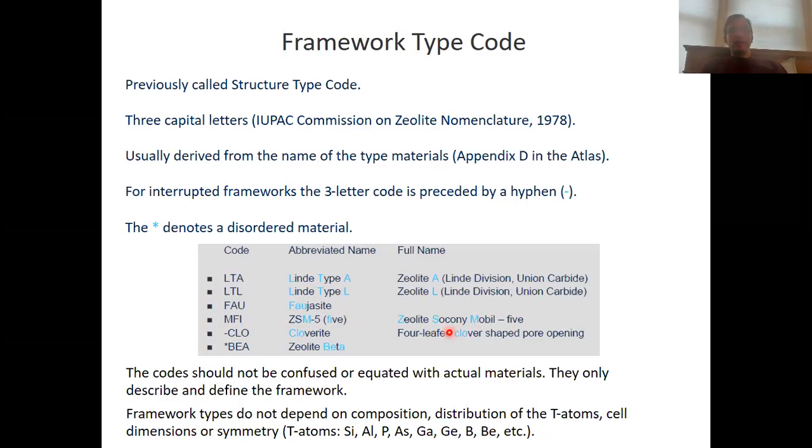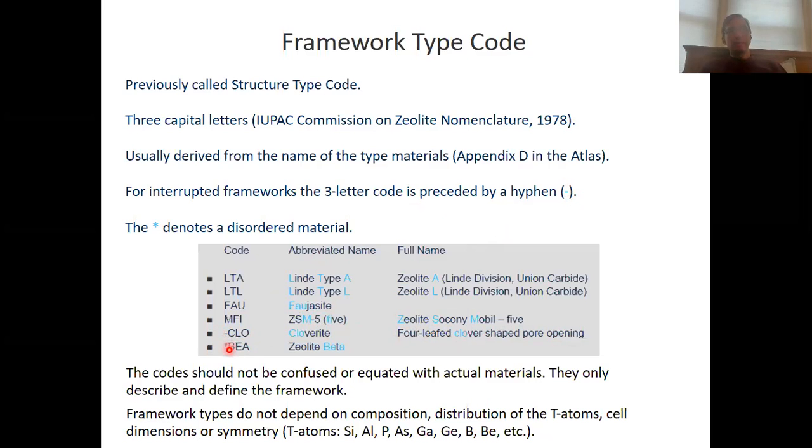Then we have, for instance, -CLO. You see that -CLO has a dash or hyphen. That hyphen indicates that we have an interrupted framework. That means that you do not only have bridging oxygens, but also terminal oxygens. So CLO stands for cloverite, and the associated full name would be 4-leaf clover-shaped pore opening.